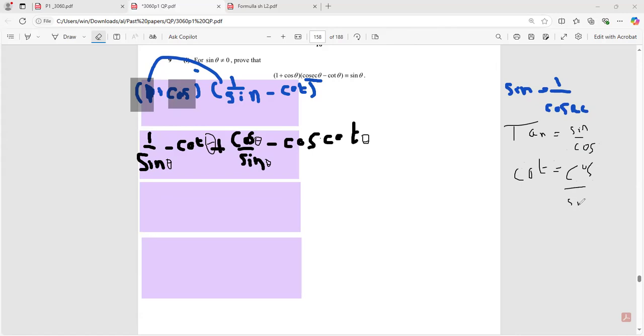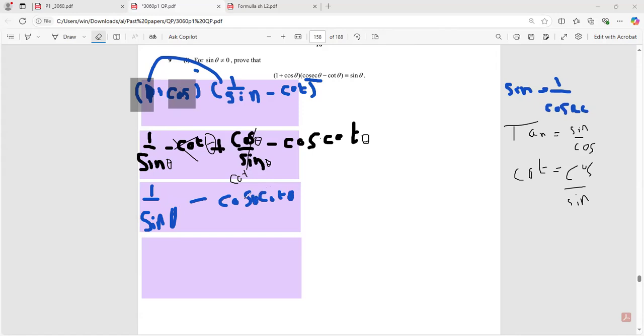So this is the positive cot, and I'm going to cancel it with the negative cot. So the remainder now here is 1 over sine theta minus cosine theta cot theta.